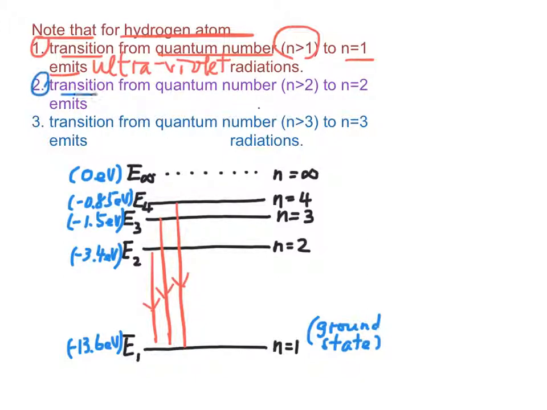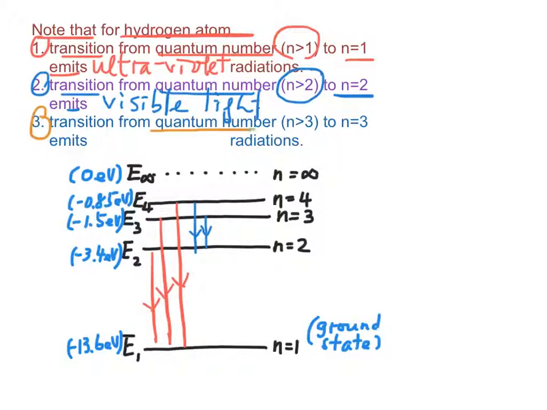For the transitions from quantum number n larger than 2 to n equal to 2, will emit photons lying in the visible light range. For transitions from quantum number larger than 3 to n equal to 3, will emit photons lying in the infrared range.